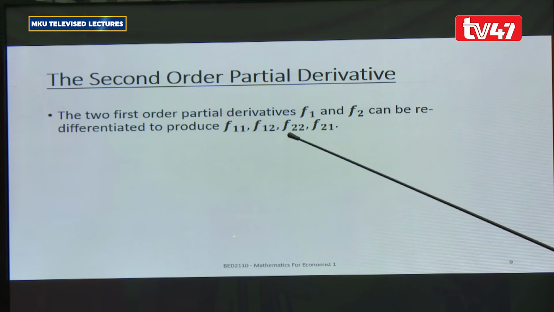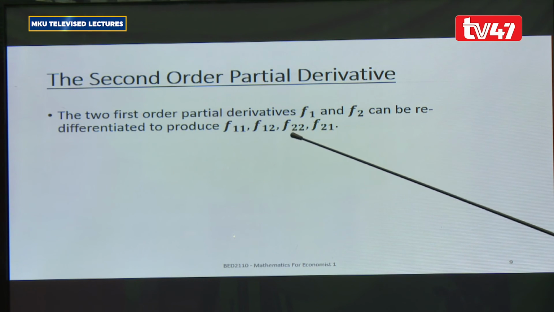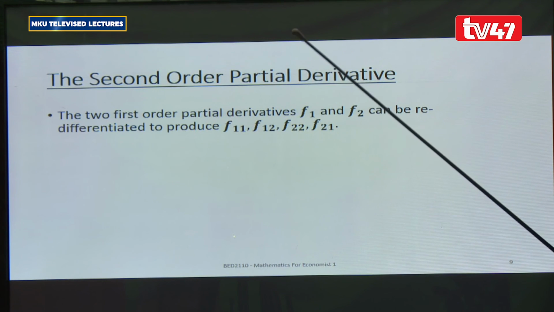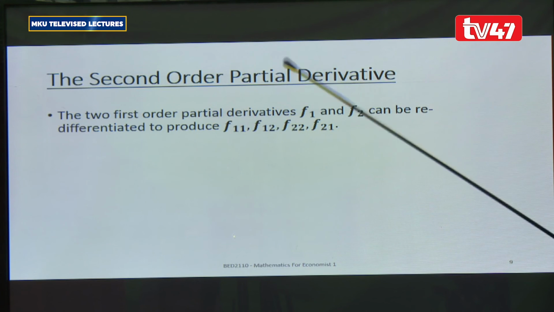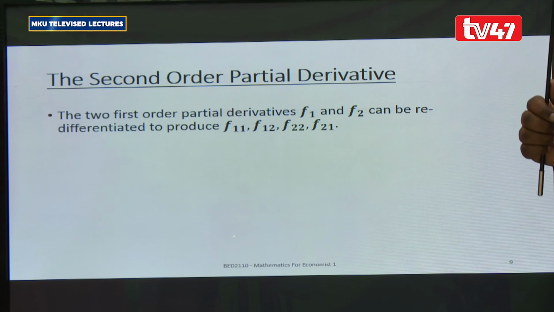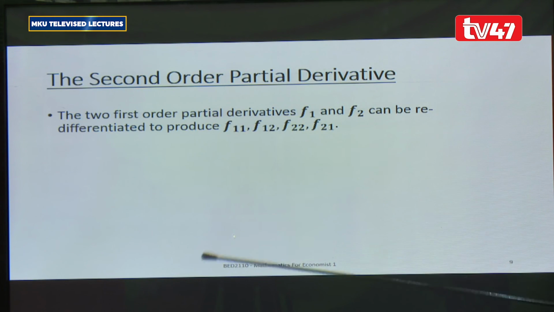For f22, we are differentiating this function for the second time with respect to x2, and initially the function had been differentiated for the first time with respect to x2.